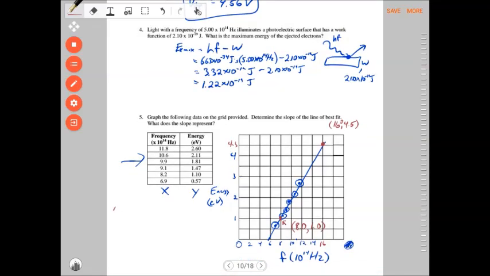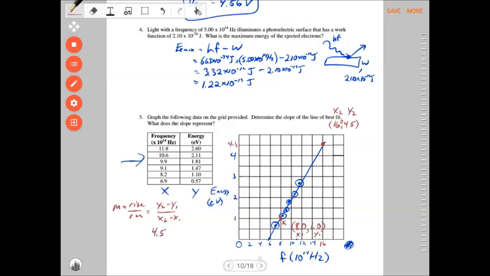Now, of course, slope is rise over run, which is y2 minus y1 over x2 minus x1. So I'm going to make this one x2 and y2. This one will be x1, y1.